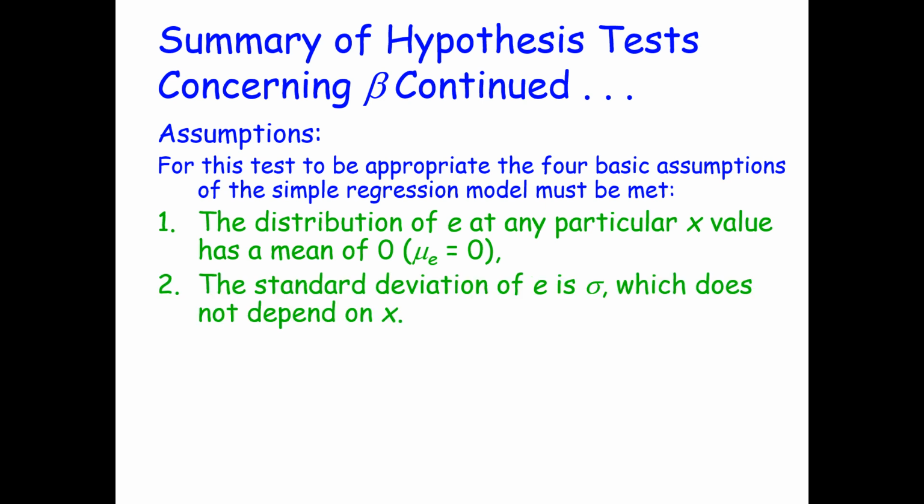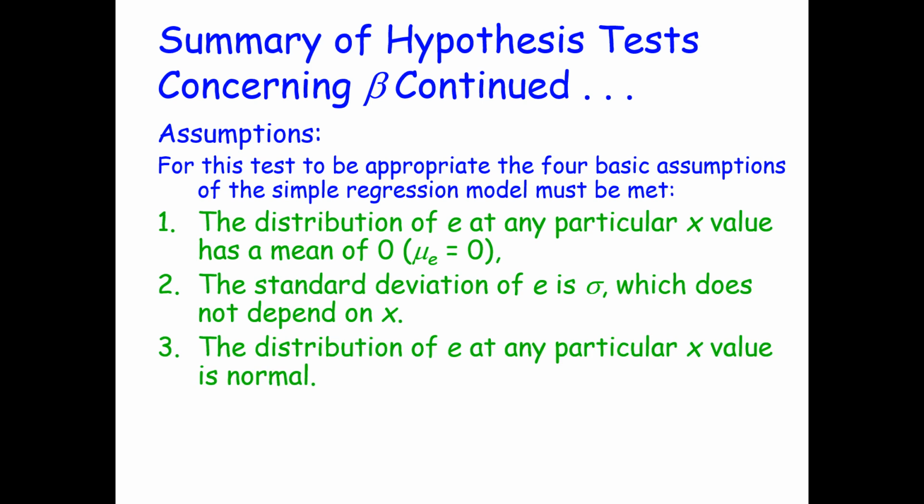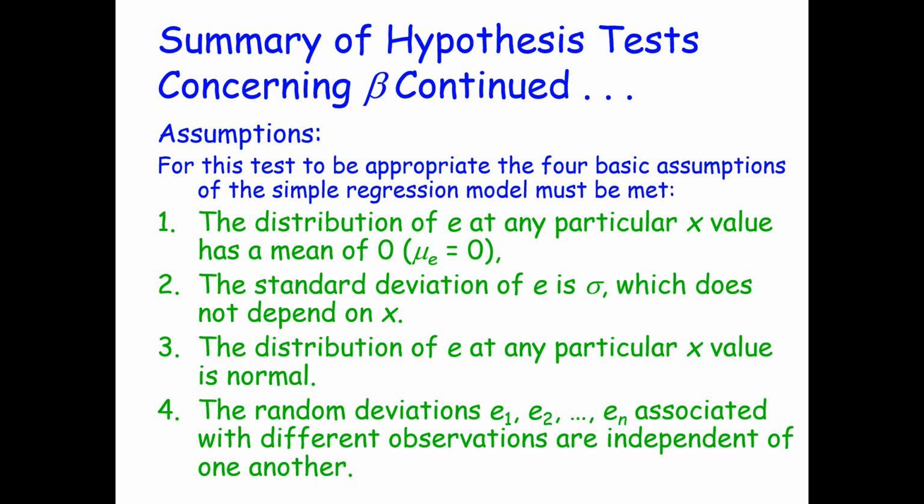Second, that the standard deviation of e is sigma, which does not depend on x. Third, that the distribution of e at any particular x value is normal. And fourth and finally, that the random deviations, e sub 1, e sub 2, all the way to e sub n, associated with different observations are independent of one another.